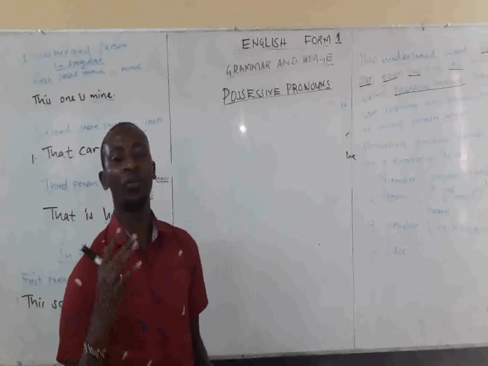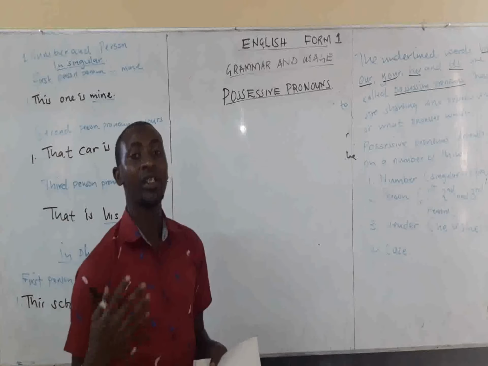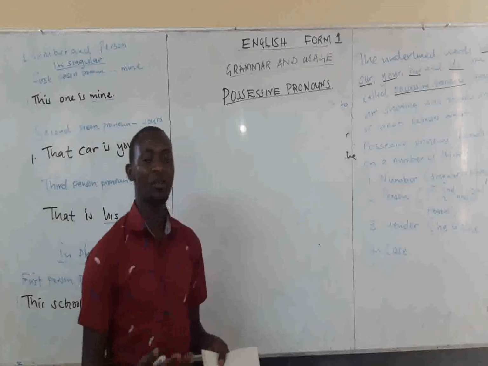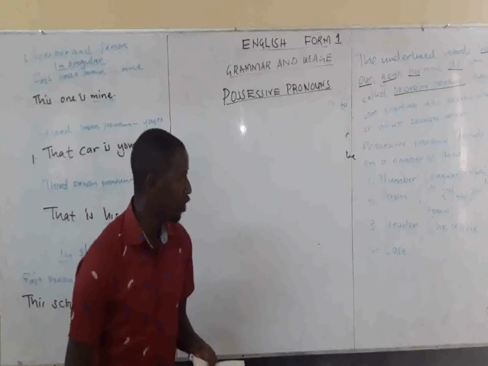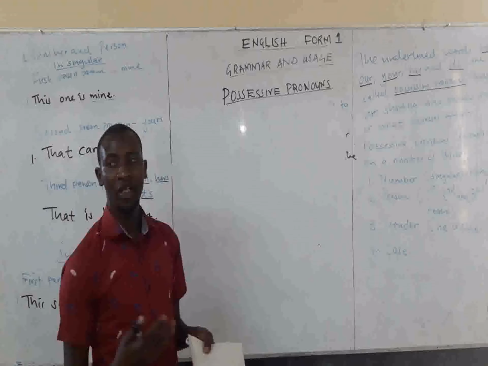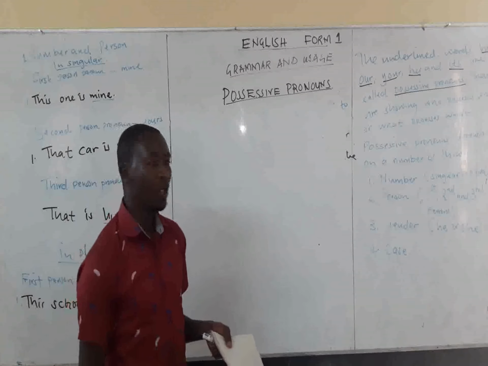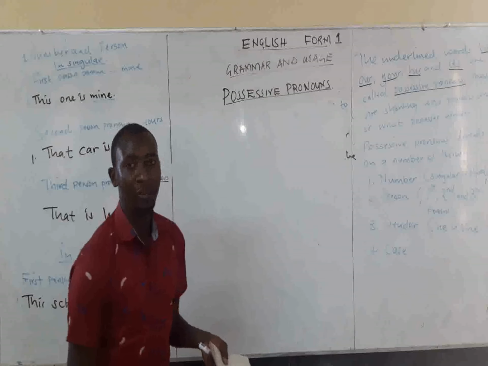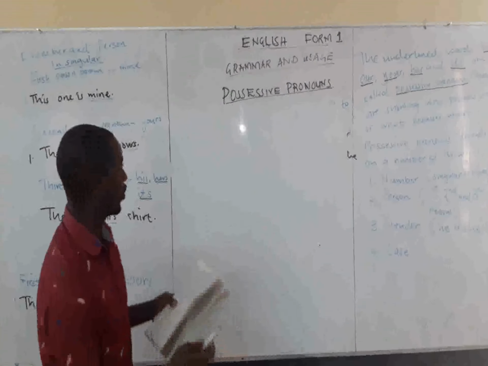They depend on number: is it plural or singular? Person: is it first, second, or third person? Gender: with the female gender we use hers, with the male gender we use his. And lastly, case: where it appears, as the subject of the verb or the object of the verb. And so, I would like you to do this question on your own.